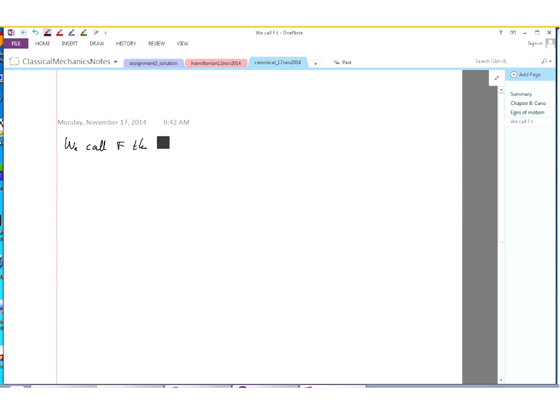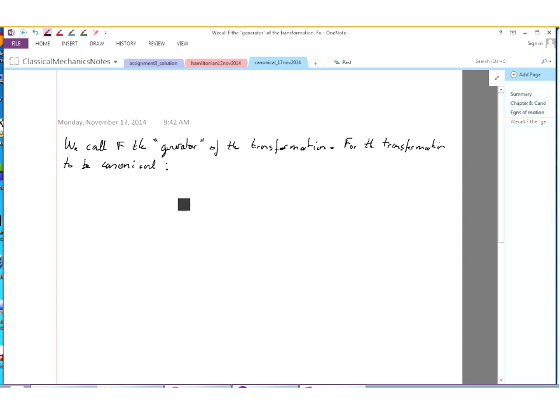So we call f the generator of the transformation, and then for the transformation to be canonical, we have the conditions that I just wrote earlier.